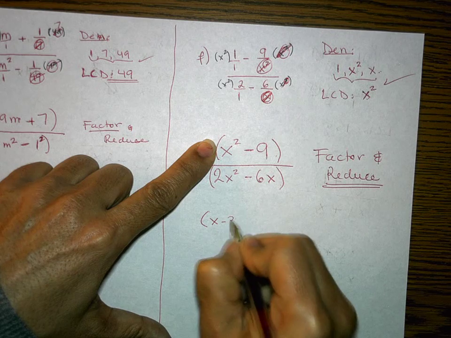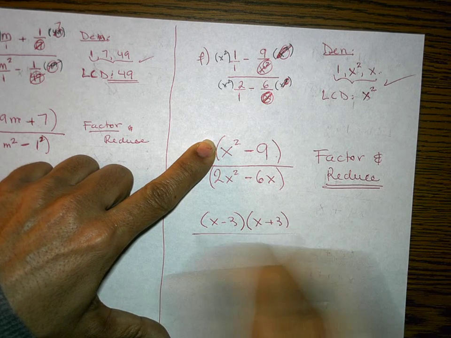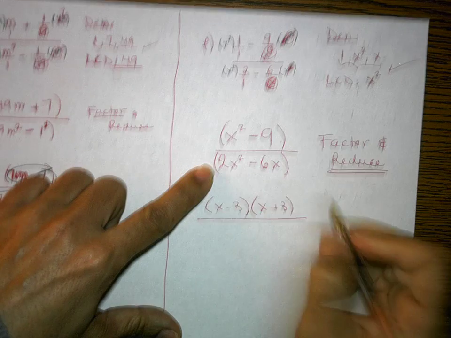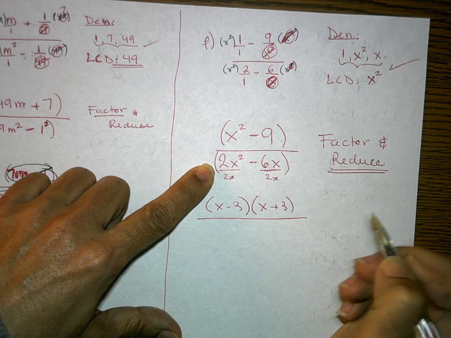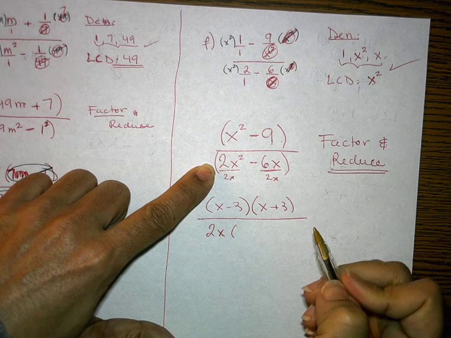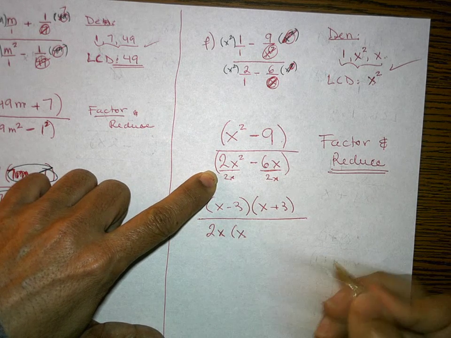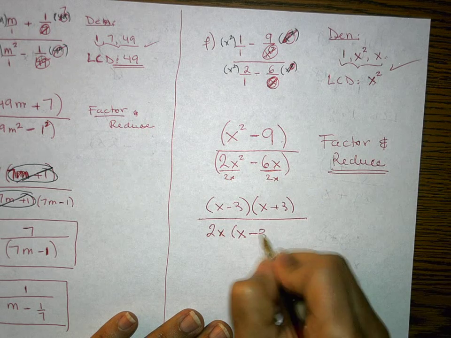The quantity x minus 3 times the quantity x plus 3. All over, I do see that this is divisible by 2x, and this is also divisible by 2x. So I'm going to factor out the 2x. And when I divide this 2x squared by 2x, we get an x left over, minus 6x divided by 2x is a 3. How nice.